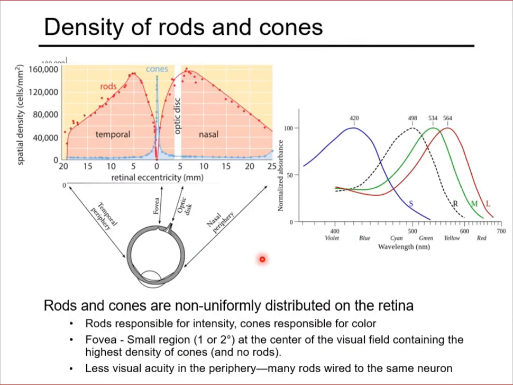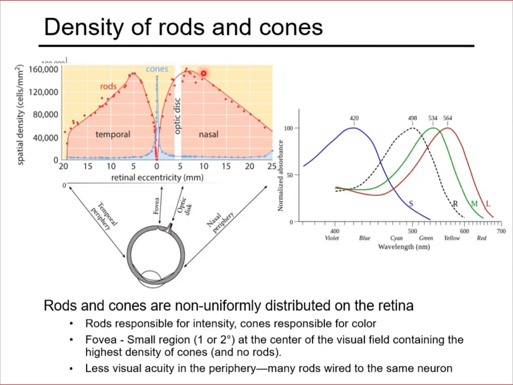However, their densities are different for different retinal areas. In the fovea area, there are a lot of cone cells, but almost no rod cells.